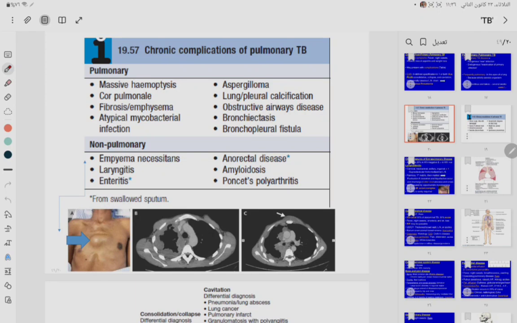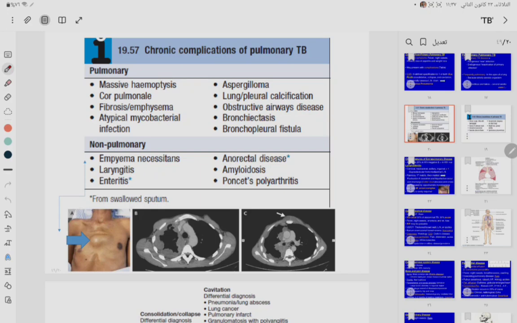Whenever there is a cavitation, there is a risk of developing aspergilloma, a type of fungal infection where there is humidity and no tissue or immune cells. So old healed TB with cavitation patients might develop aspergilloma, not to forget that.